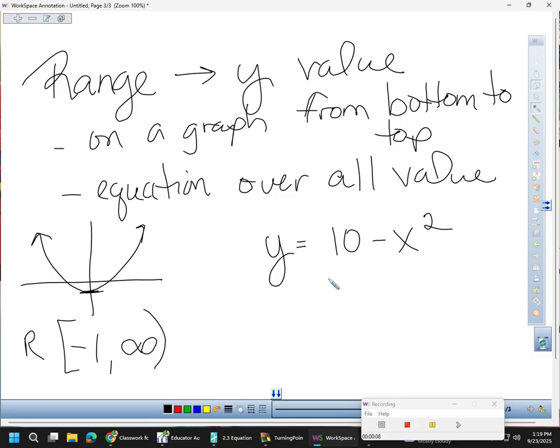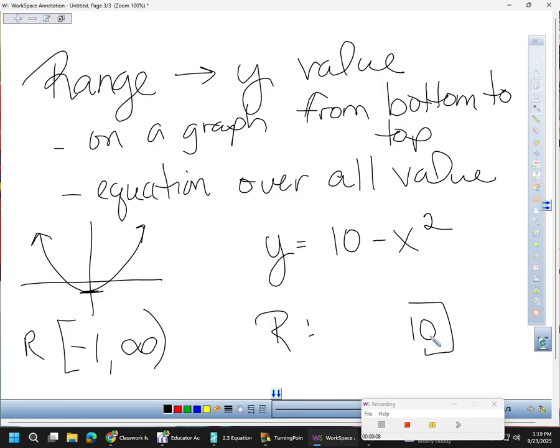If I put 0 in for x, I get 10. If I put -1 in for x, I get 9. If I put +1 in for x, I get 9. So what is the highest value this function can be? 10. So this is actually going to be the highest part for my range. The highest it can be is 10.